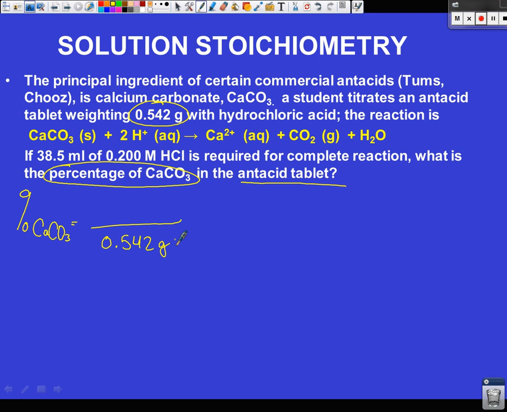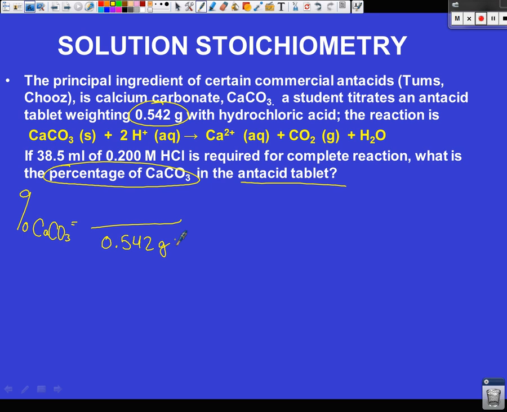Now, in this question, I have two pieces of data, right? I had the mass of the tablet and the volume and the concentration of the acid. Now it should be really simple what we have to do. I've got to take my piece of data that's remaining that I haven't used and convert it from the acid to what? Of calcium carbonate. It gets really easy, didn't it?